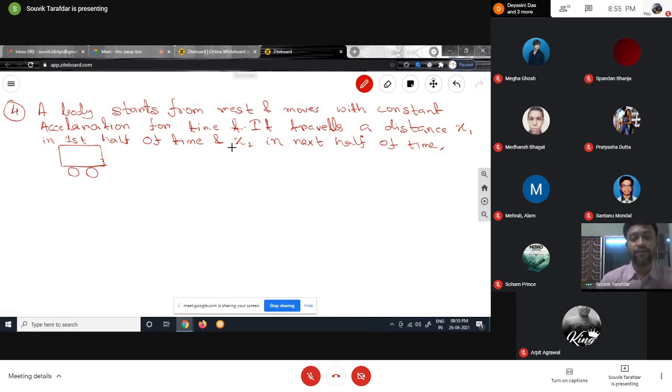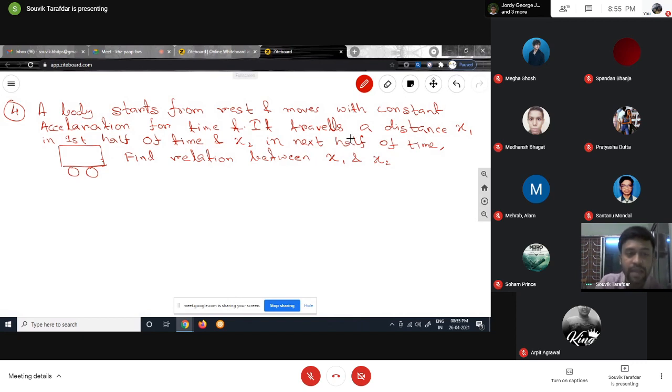Then find the relation between x1 and x2. You need to find what is the relation between x1 and x2.